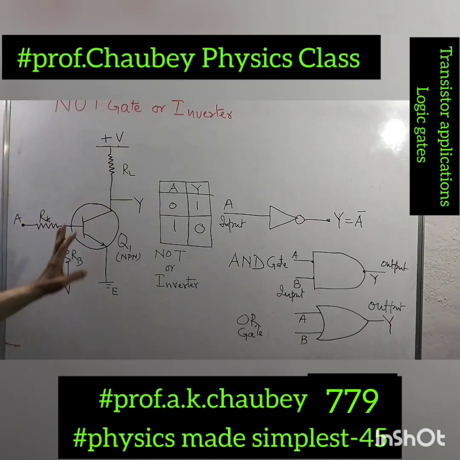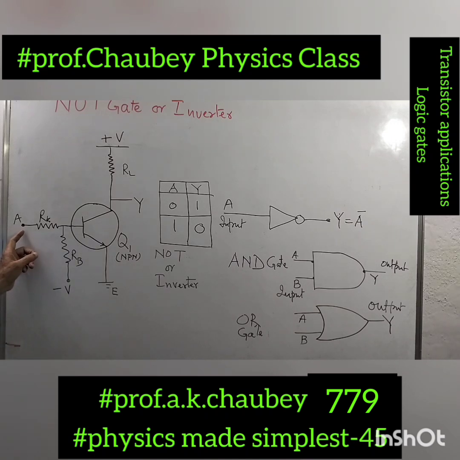So when current flows, there will be a voltage drop here, and the potential here will be very small, even less than 1 volt, maybe 0.2, 0.5. Because it is highly conducting, the voltage across the transistor collector is almost 0, or very small, 0.2, 0.3.